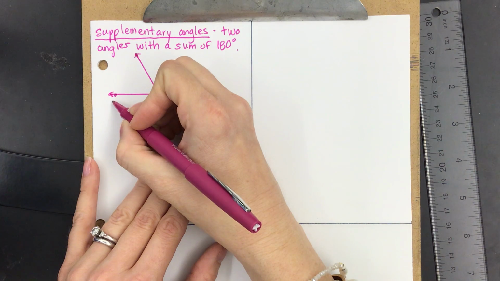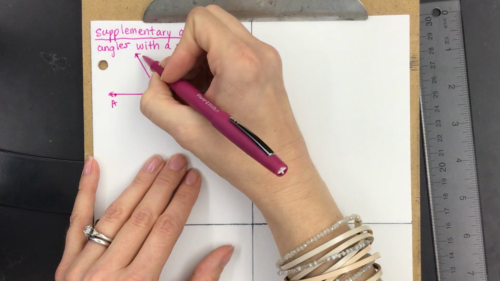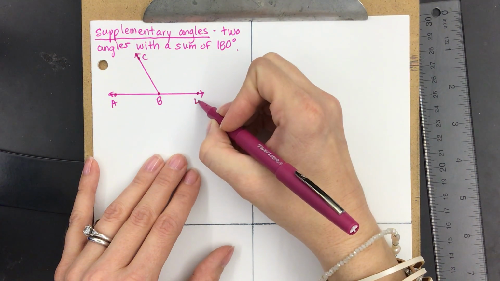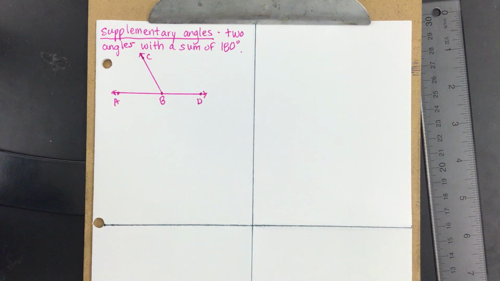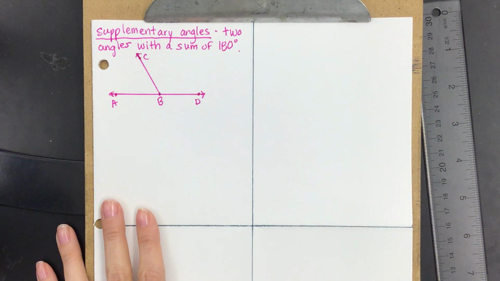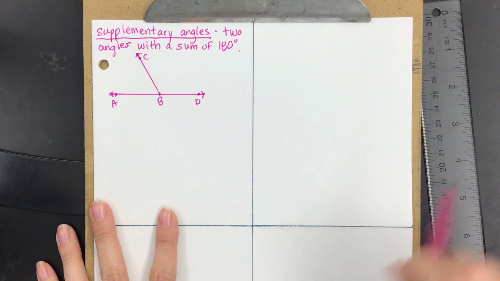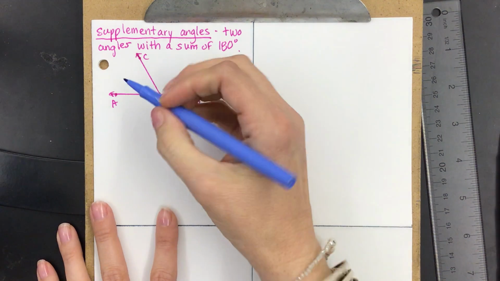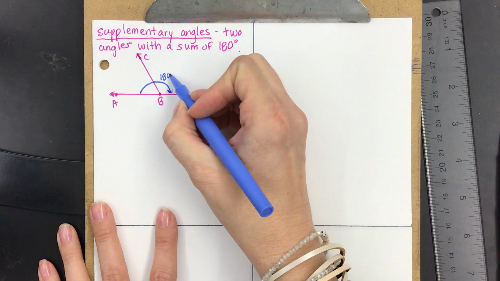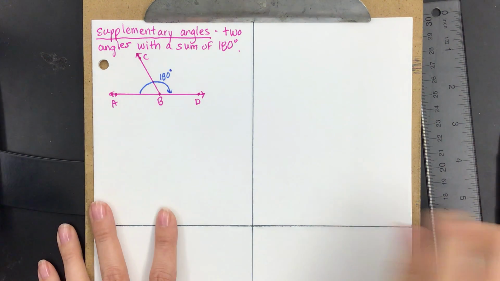I'm going to label some points on here. Okay, so these two angles would be an example of supplementary angles because you can see that they add to 180 degrees, okay? That's one example.